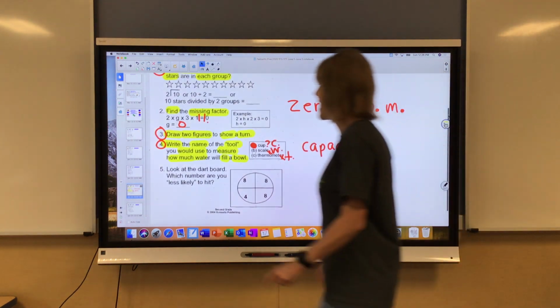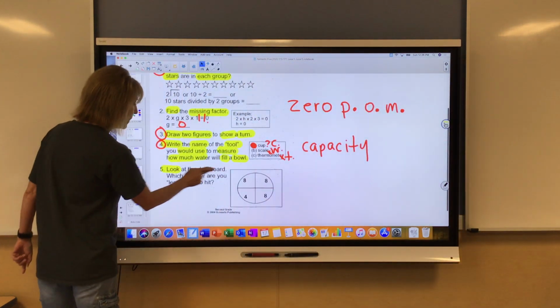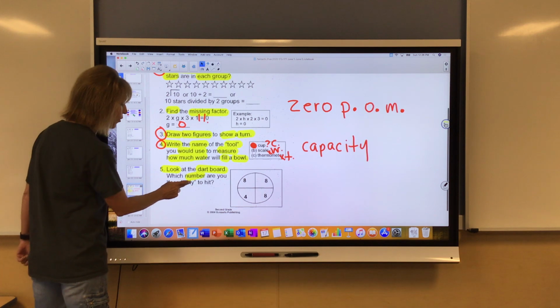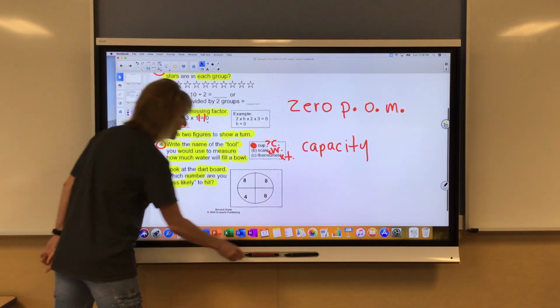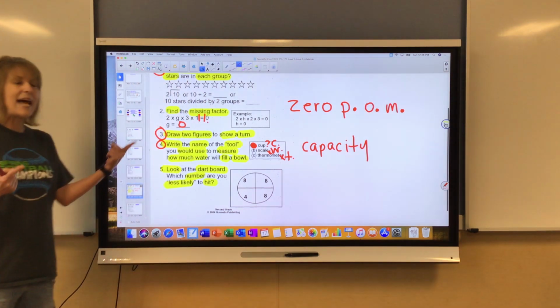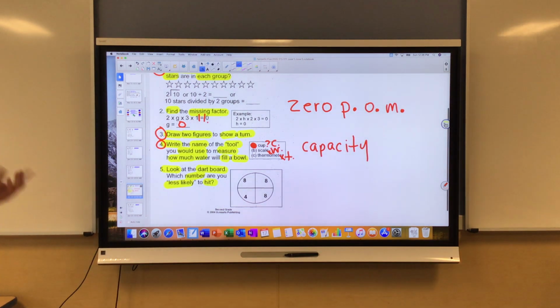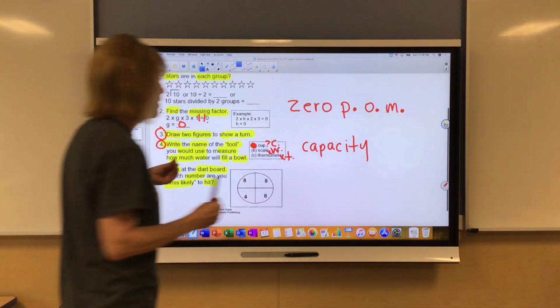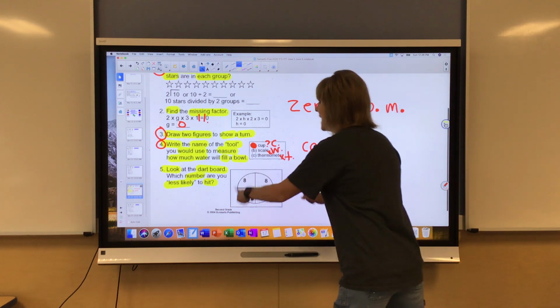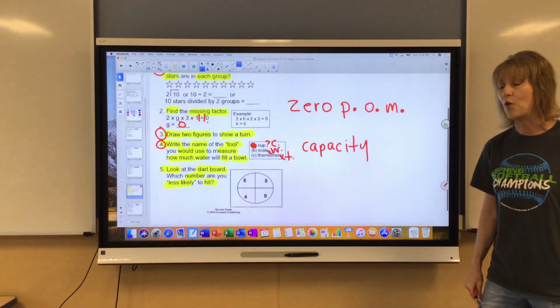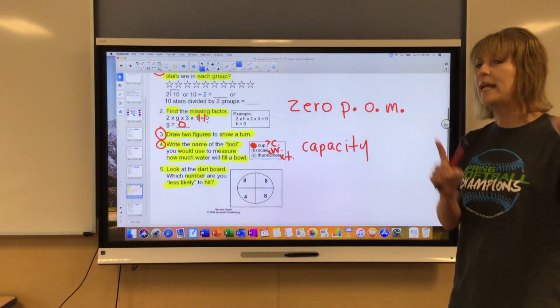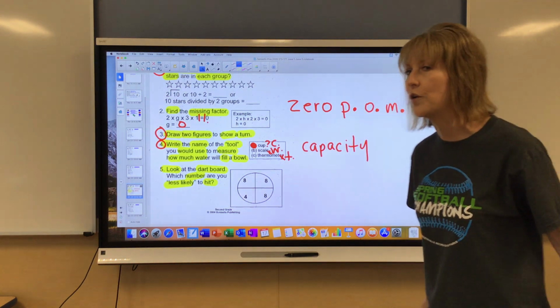Now, number 5, look at the dartboard. Which number are you less likely to hit? Now, as I look at that dartboard, I see that dartboard is a circle inside of a rectangle. And that dartboard is, give me that P word.